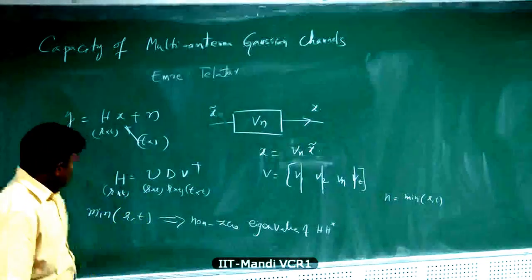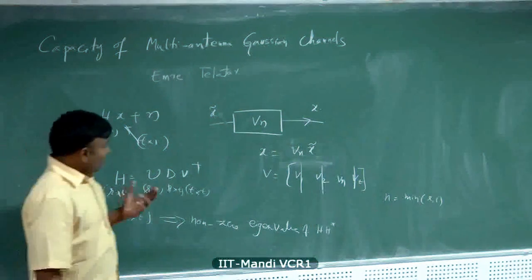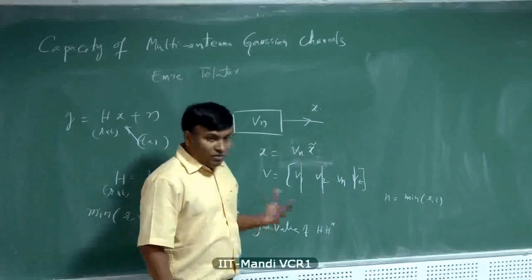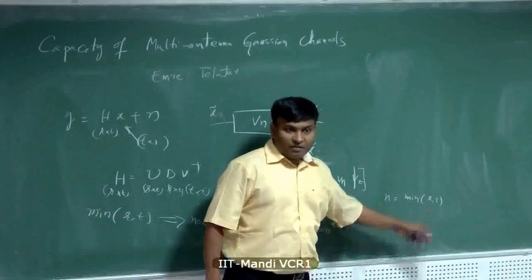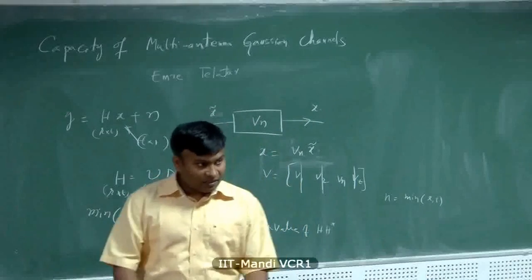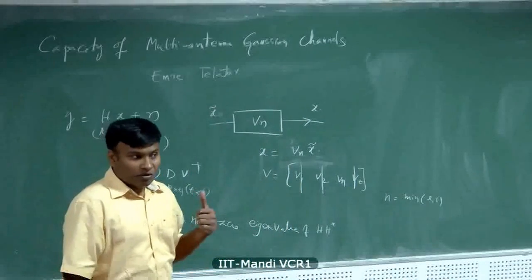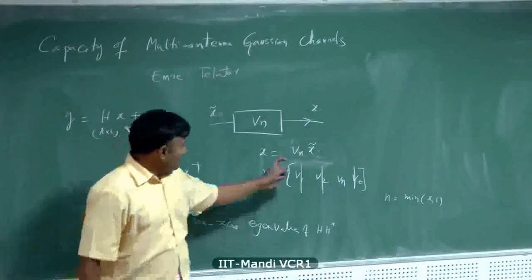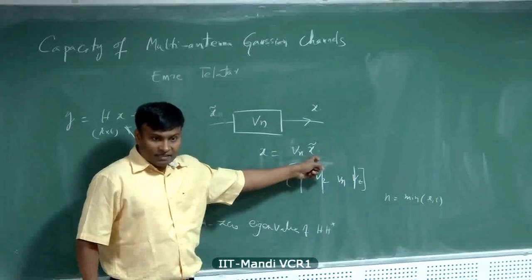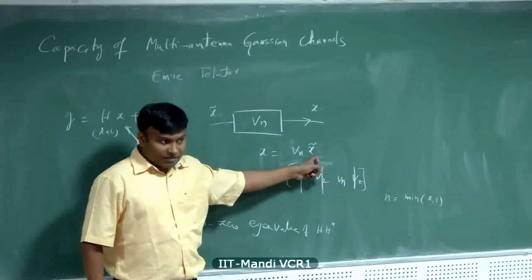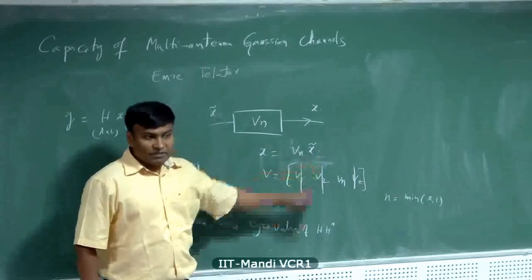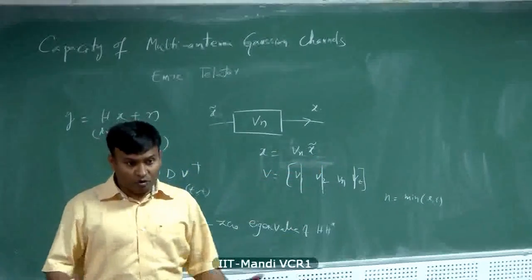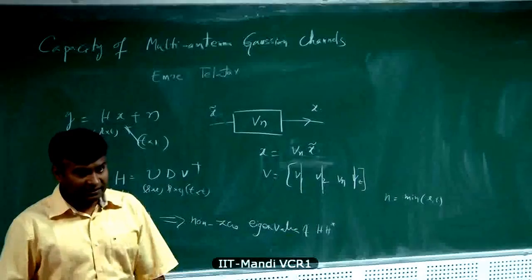So then you may ask, well, we do know that the capacity achieving structure definitely sends min R comma T data streams, and it will also allocate unequal power for the elements of X tilde using water filling, and elements of X tilde are chosen from a Gaussian codebook which achieves capacity.